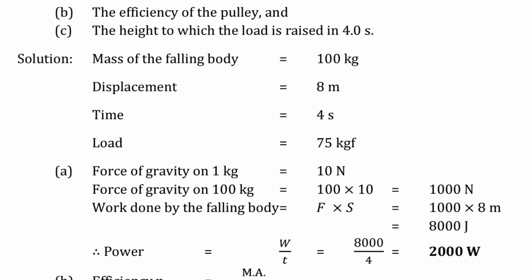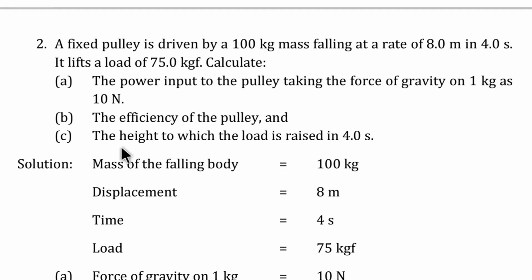Next we have to find number C, the height to which the load is raised in 4 seconds. So you have to find the height when the body is falling, lifting the load of 75 kgf. In 4 seconds, at what height will the load be raised?